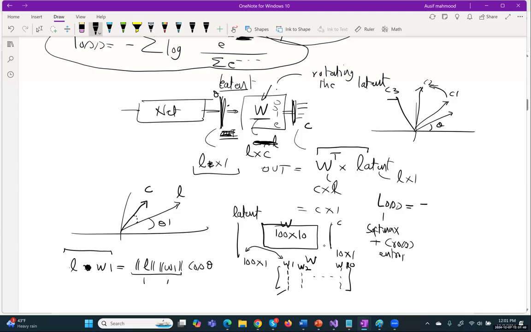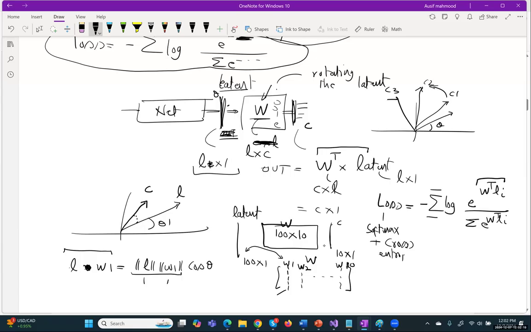That will look like minus log, and over here you will see e to the W2L over something, summation e to the WTL. And of course, I can put L of i depending upon which category it is, and then do the summation over here.